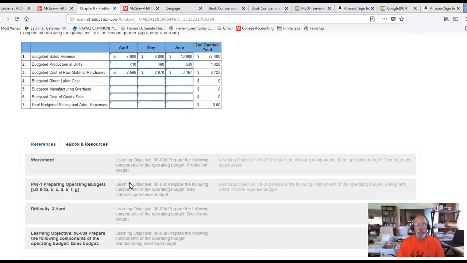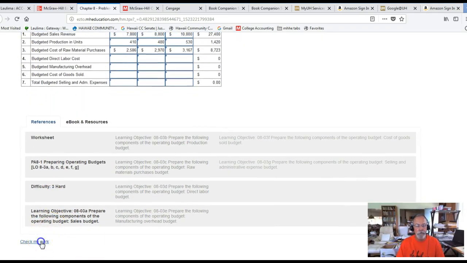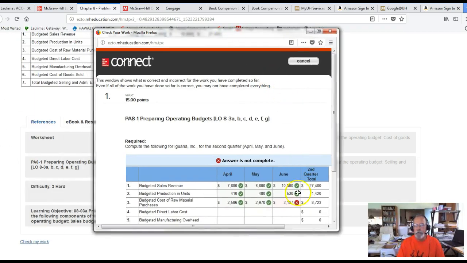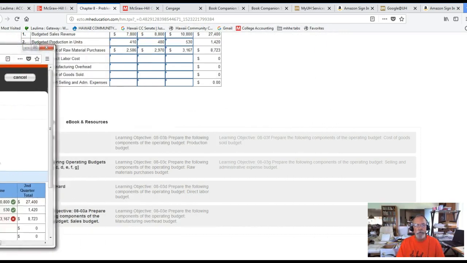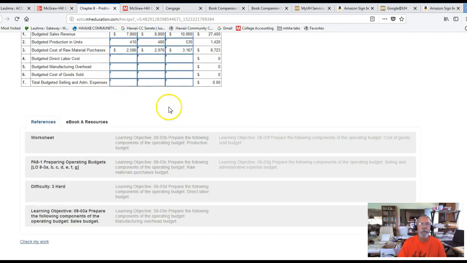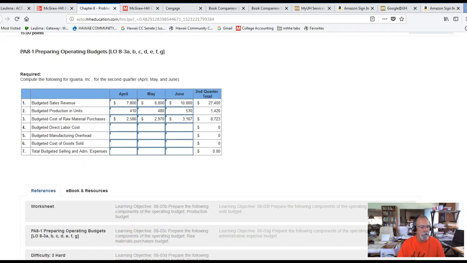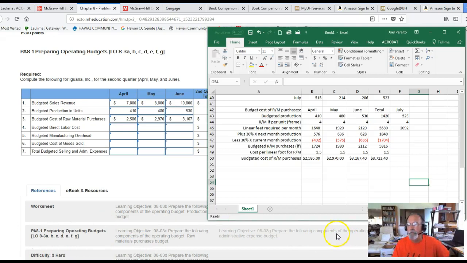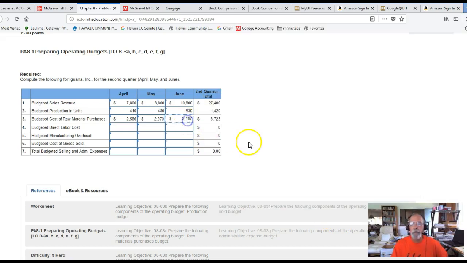And keeping our fingers crossed here, let's see if we got this correct. We got 2 out of 3 correct. So let's see what they're looking for with that June amount. Might be with the rounding. I wonder if they want us to round up 3168. Let's try that.